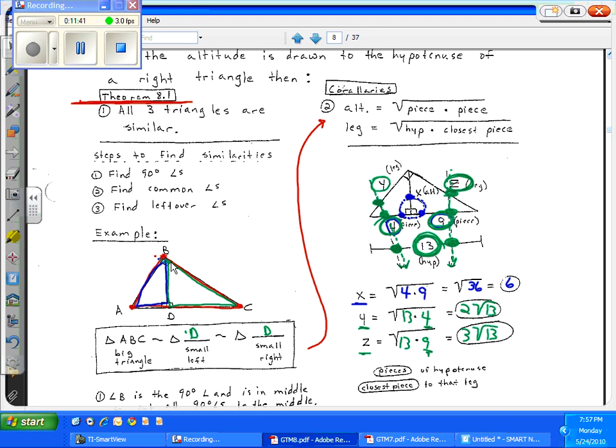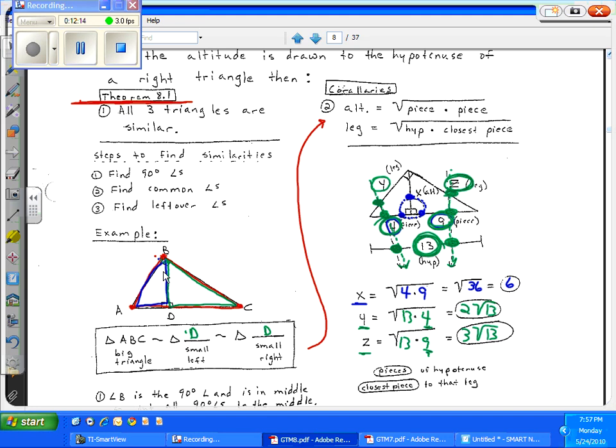In the whole big triangle, which of the two non-right angles was smallest? Well, in the whole big triangle, C was the smallest, right? In the little triangle on the left, that little b is the smallest. So little b of the one on the left goes with C of the whole big thing.